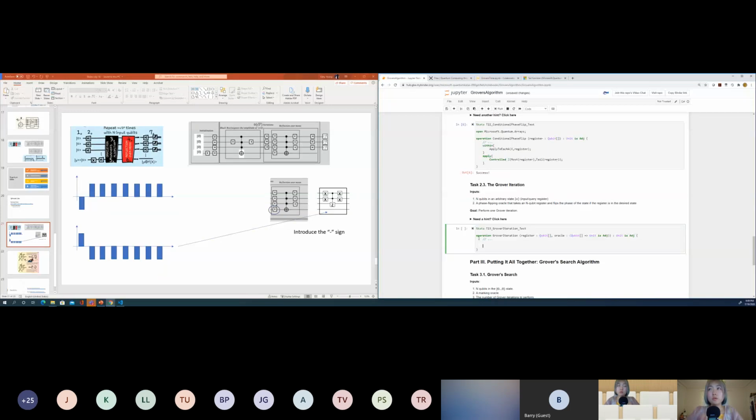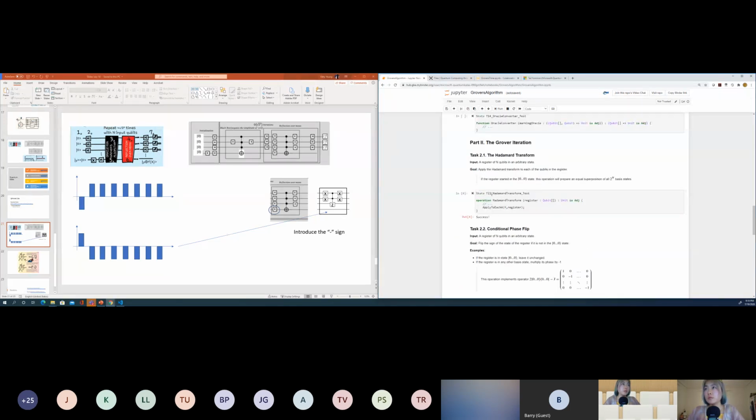Because oracle here is already introduced, and this is your oracle, you write oracle register. And then you have the Hadamard. And we had the Hadamard transformation defined here.